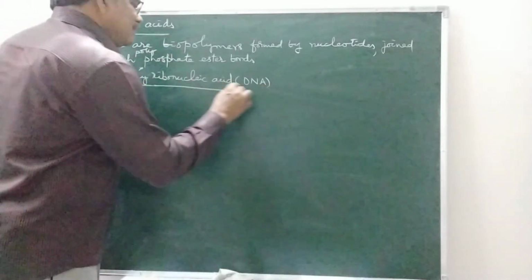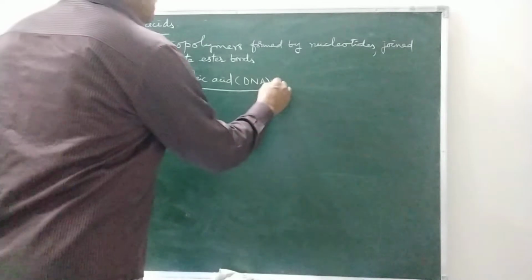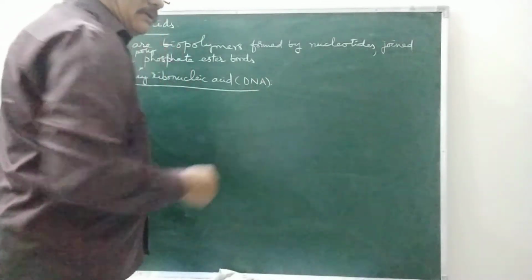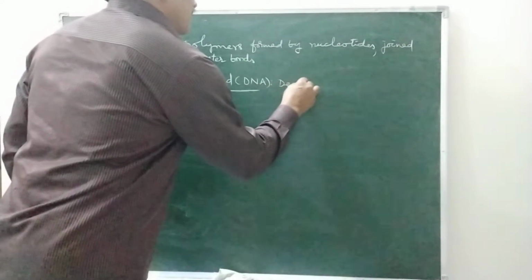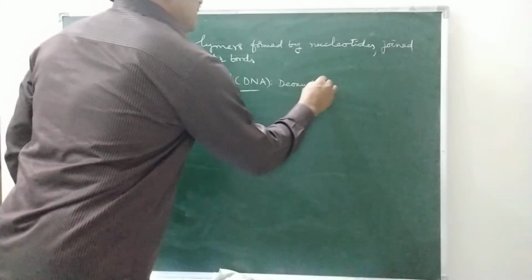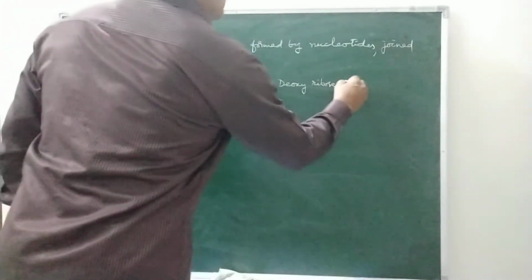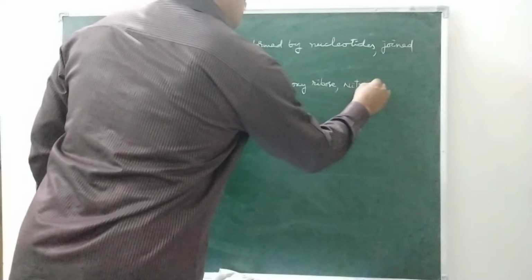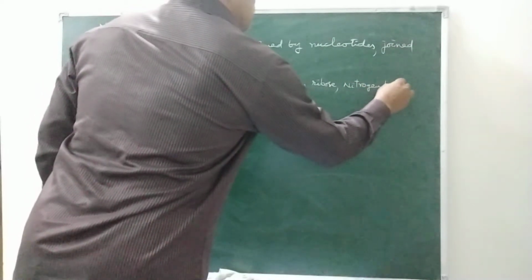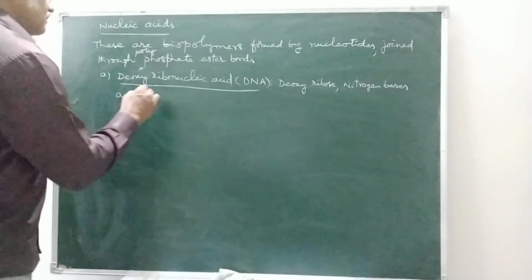If deoxyribonucleic acid undergoes hydrolysis, then the compounds formed are deoxyribose, nitrogenous bases or nitrogen bases, and phosphoric acid.